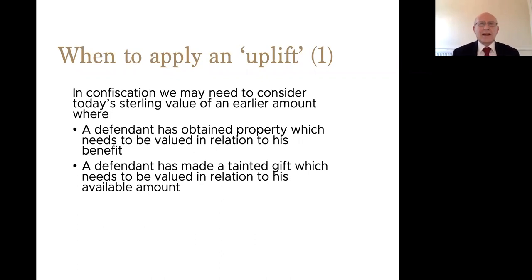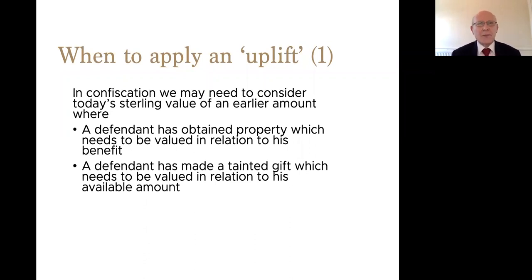And similarly, in relation to tainted gifts, when you're looking at the value of a tainted gift, one of the computations you do is you look at the value at the time the gift was made and you uplift that for changes in the value of money since then. So you do exactly the same sort of CPIH computation.